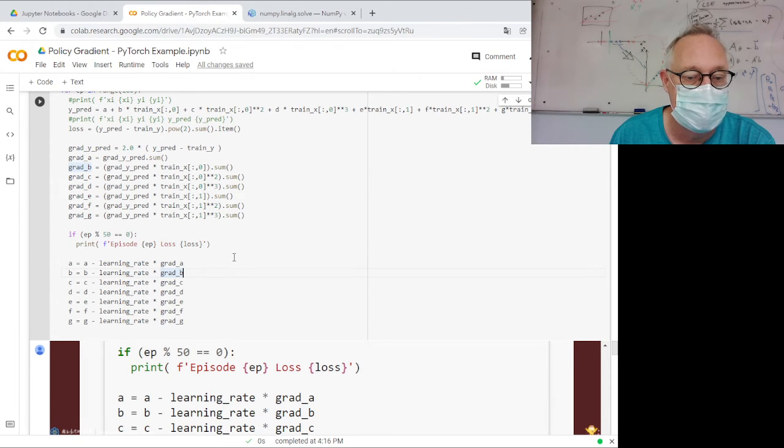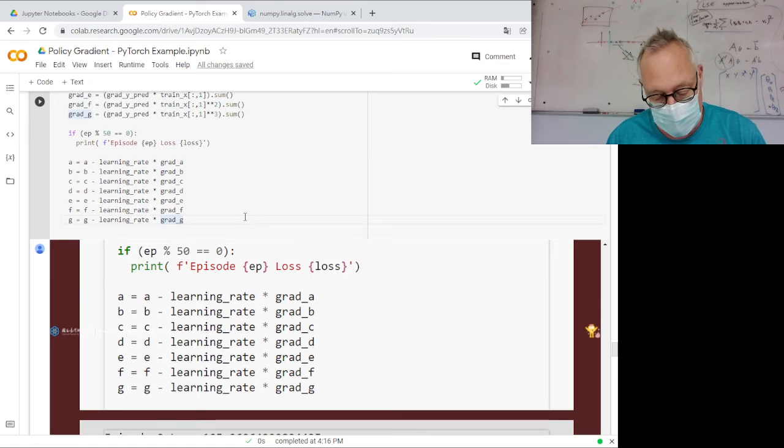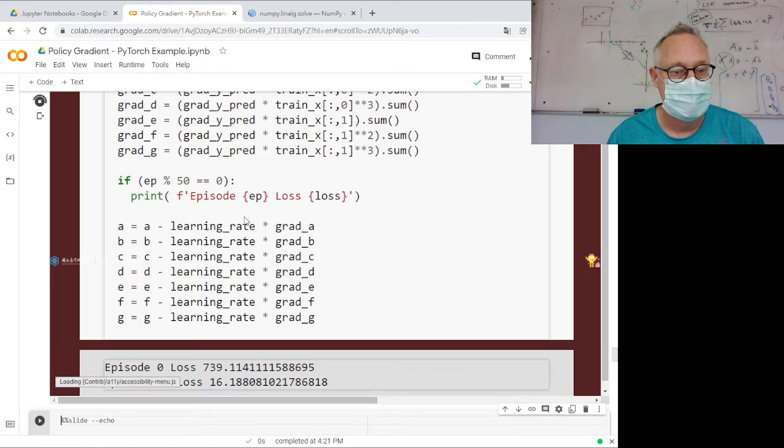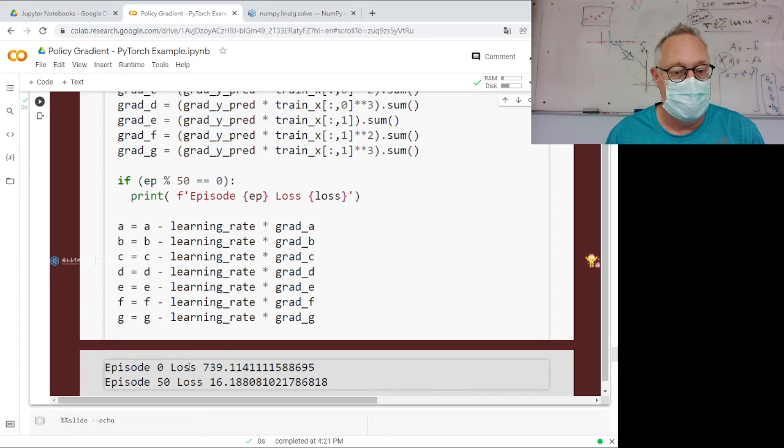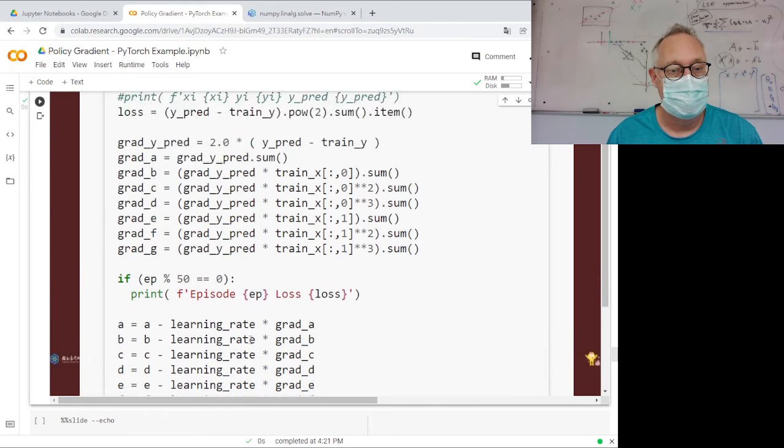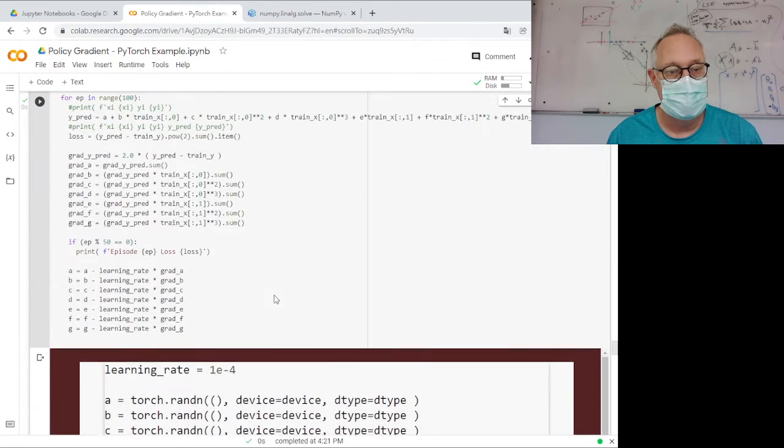Every 50 times I print out the value. So you can see how the loss, the error, greatly decreases from 739 to 16 within the first 50 steps. I can run it some more steps.